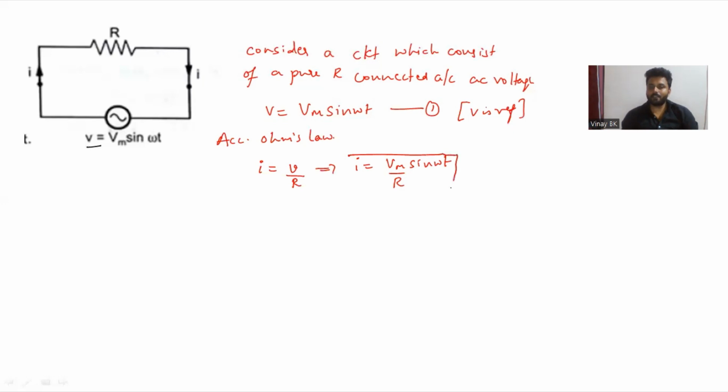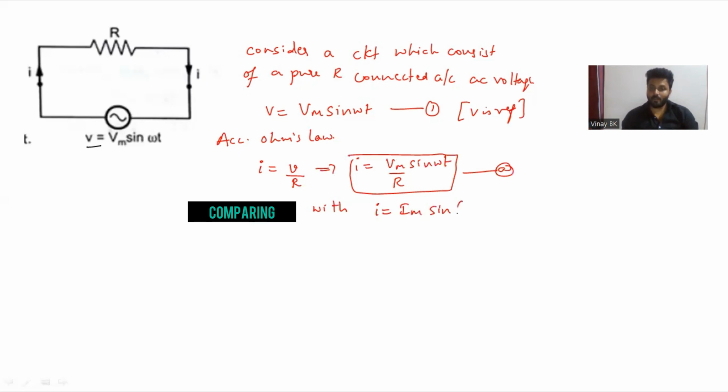This is equation A. Now I'm comparing equation A with the standard instantaneous value of current, that is I is given by Im sine omega t plus phi.